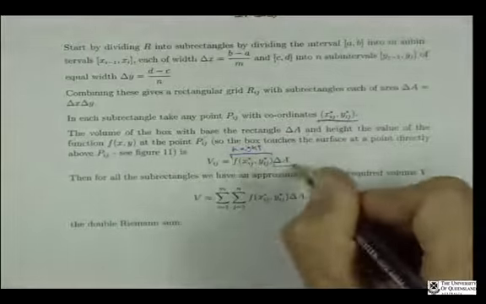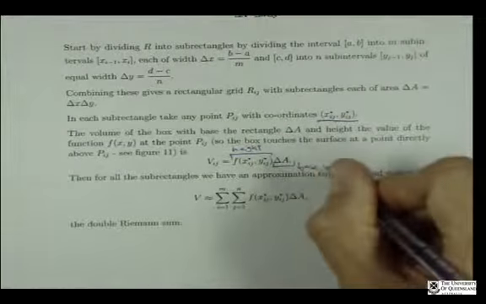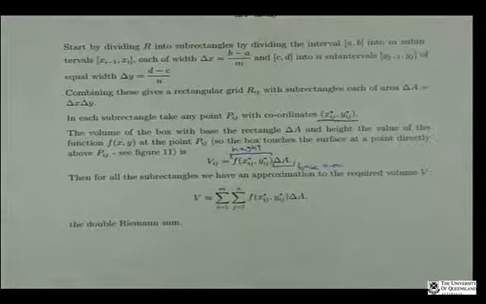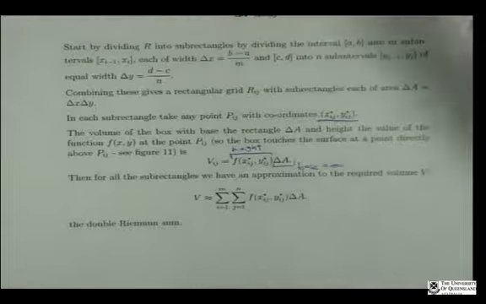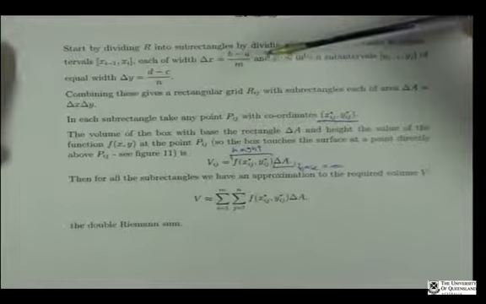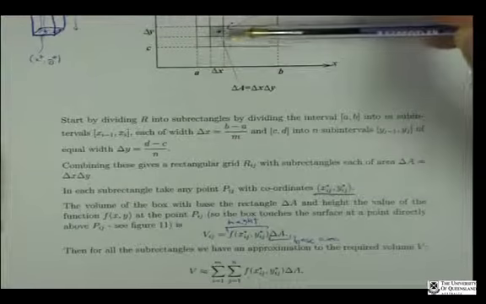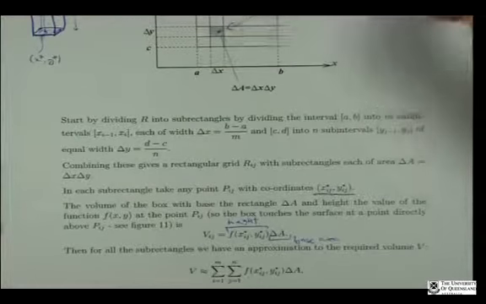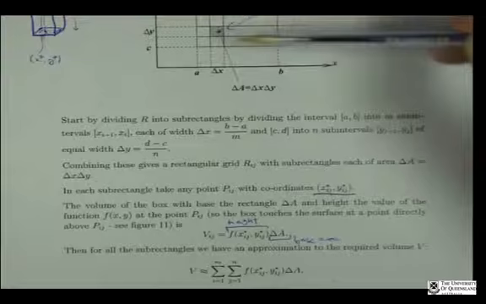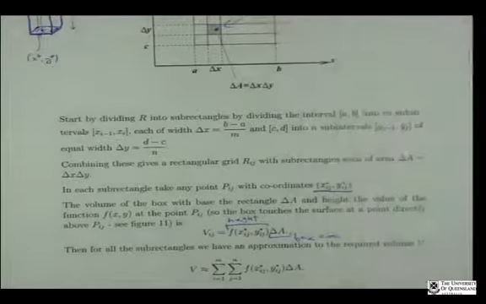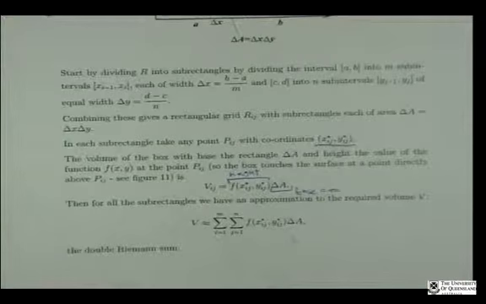And this delta A is just the base area. But we repeat this process over all the grid squares. In this diagram in the xy plane, remember, we've partitioned the rectangle up into grids. We repeat this process and then just sum up the volumes of the individual boxes.